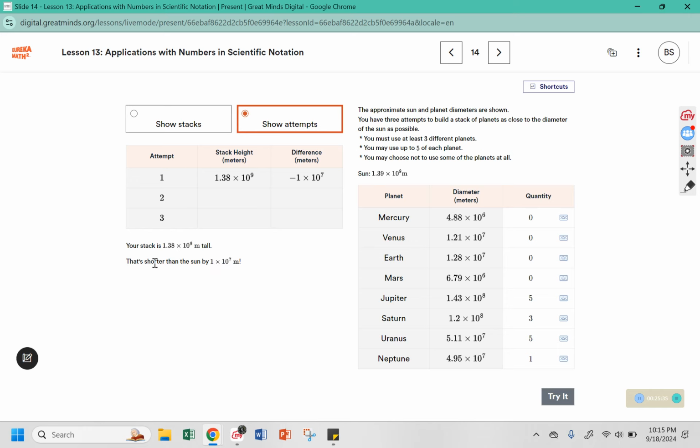But we are shorter than the sun by 1 times 10 to the 7th. So let's see. Over here I see we have Venus is about 1 times 10 to the 7th. So we could add one of these and see how close we are now.